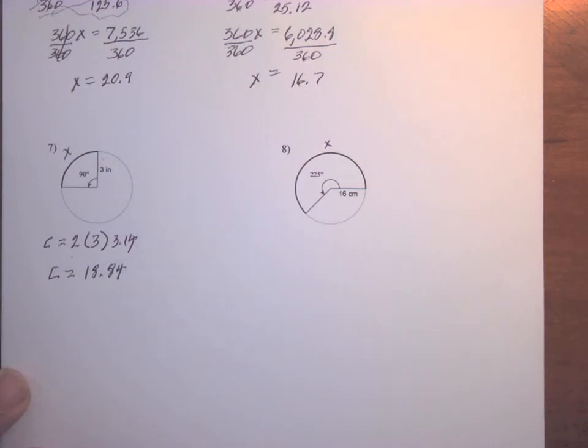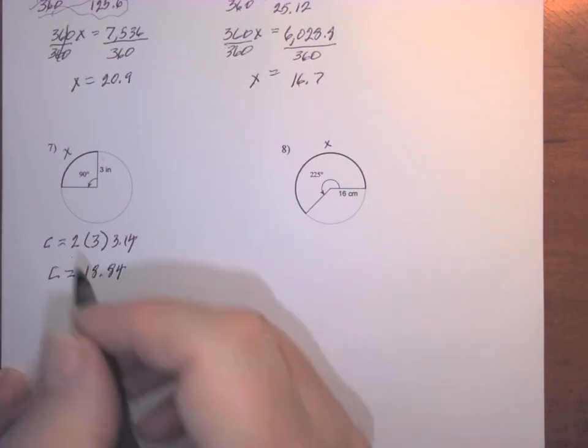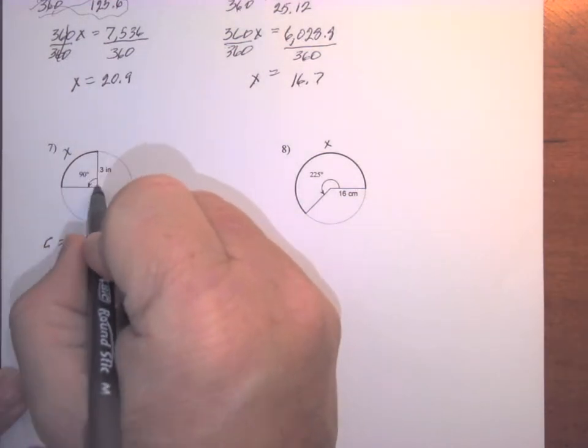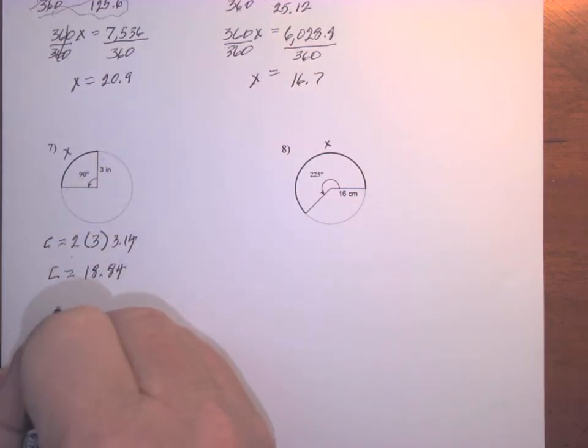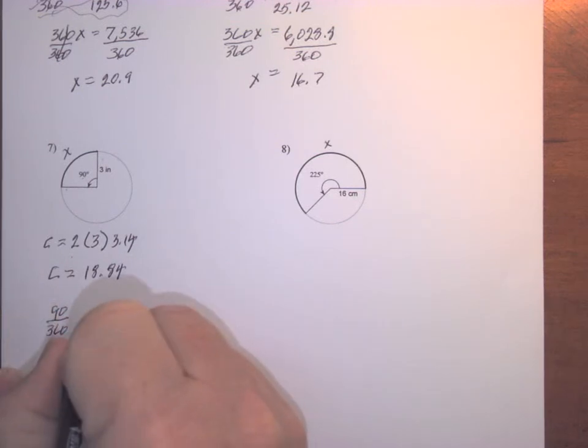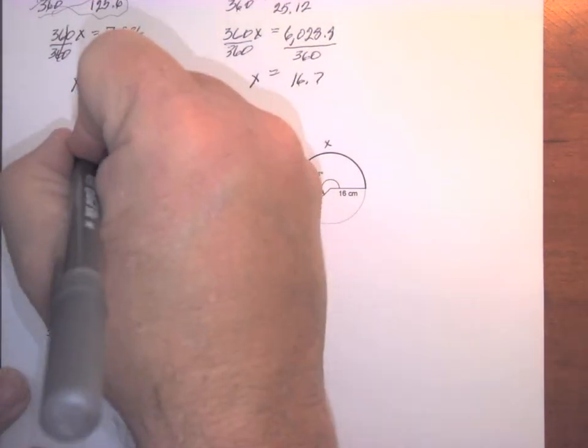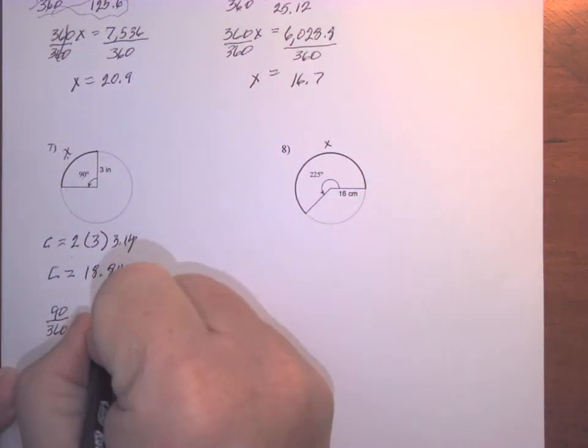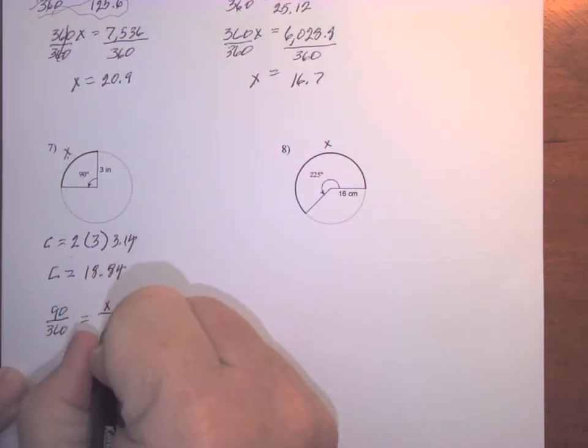All right, we set up our ratio. Our central angle is 90, so we end up with 90 divided by 360 is equal to the piece we're looking for divided by 18.84.